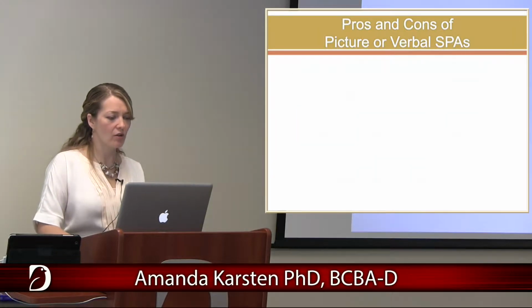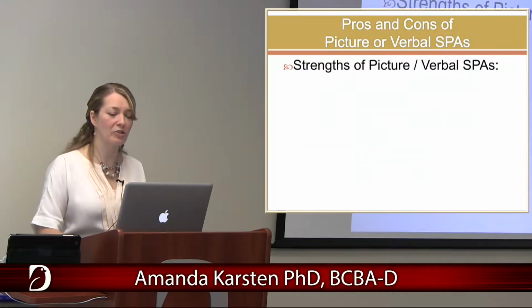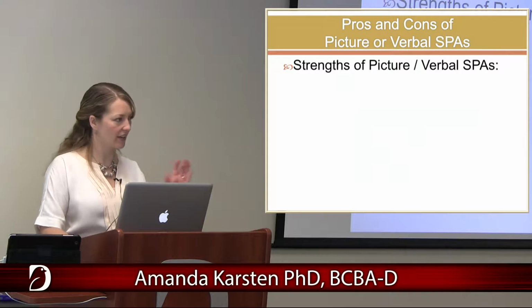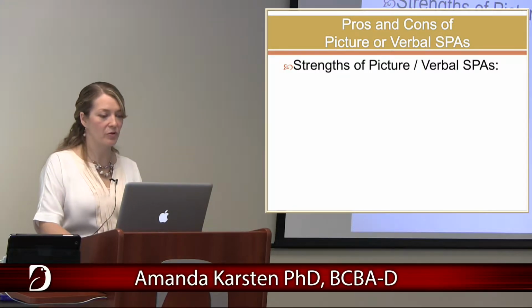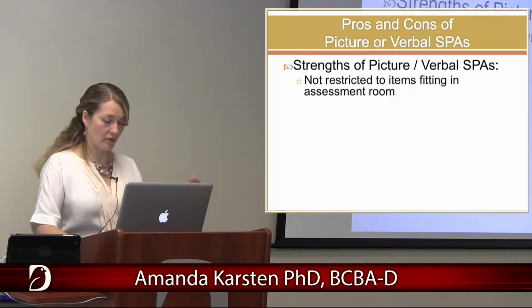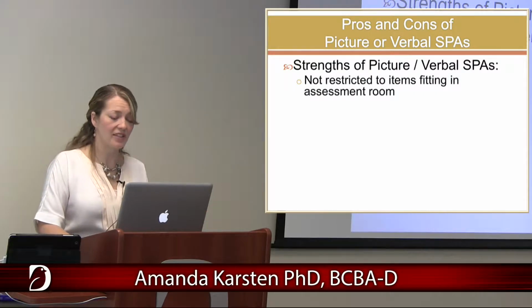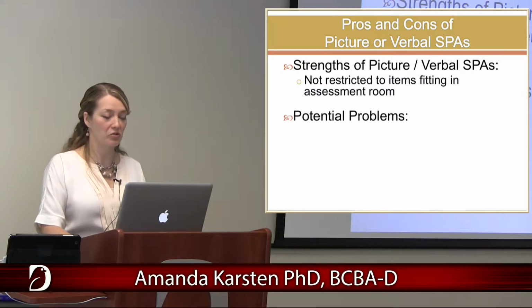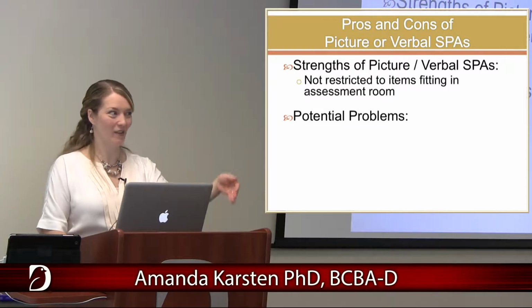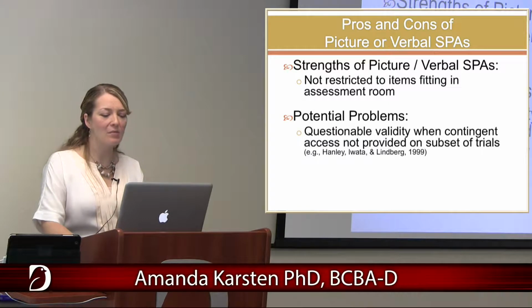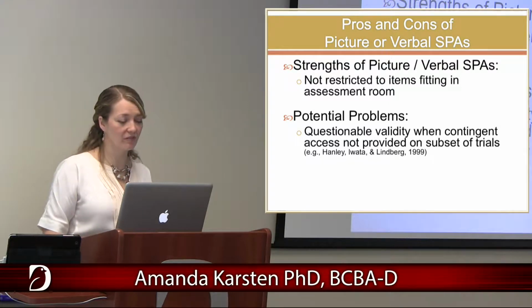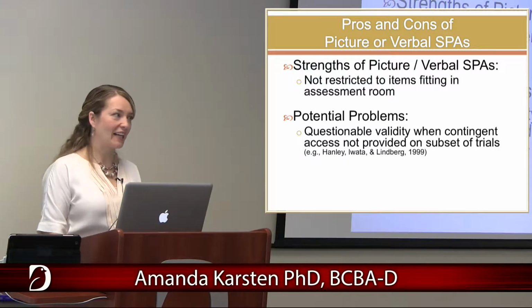Okay, so there are some pros and cons of picture and verbal preference assessments. And here again, I'm focusing on assessments of activity-based reinforcers. One of the strengths obviously is that you don't have to be able to fit it into a room, but you do need to be able to get to it in a contingent fashion, so relatively quickly. Potential problems is that there can be questionable validity if we're not providing contingent access.